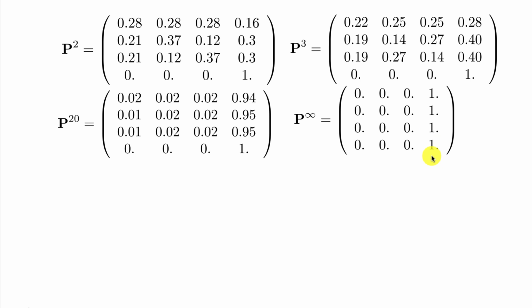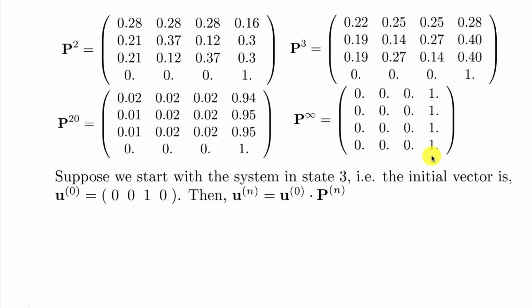To see what this means more clearly, suppose that we start with the system in state 3. That is to say, the initial row vector is 0, 0, 1, 0. All probability 0 except this, which is 1. In that case, as we discussed earlier, the probability row vector after n steps will be u0 with P to the n multiplying it from this side.